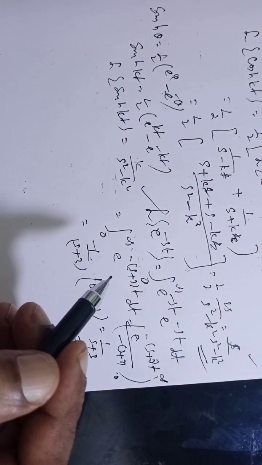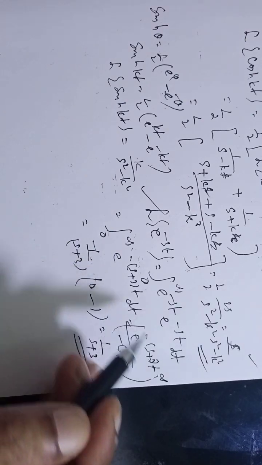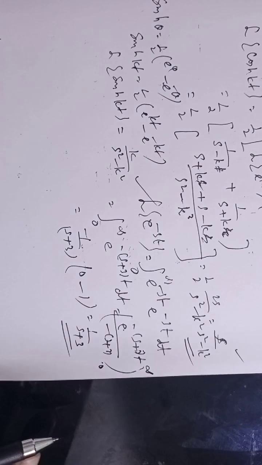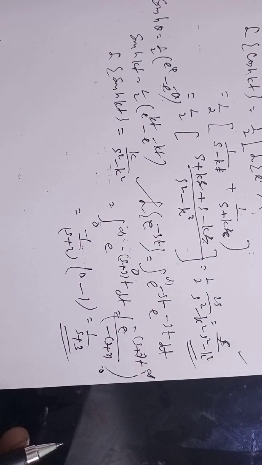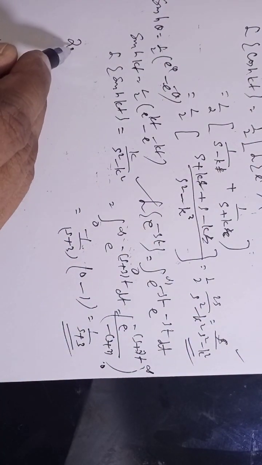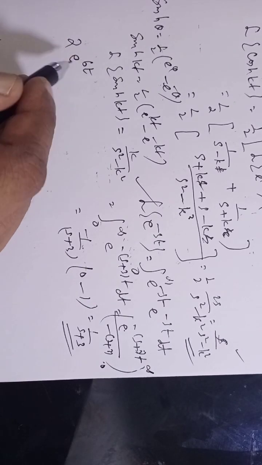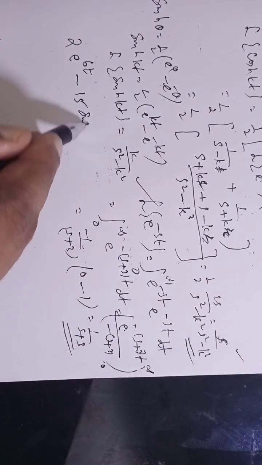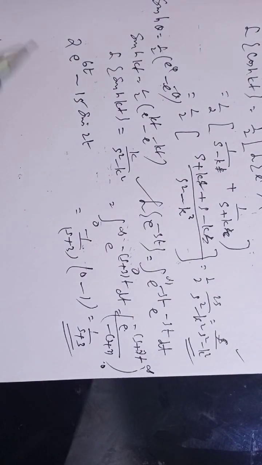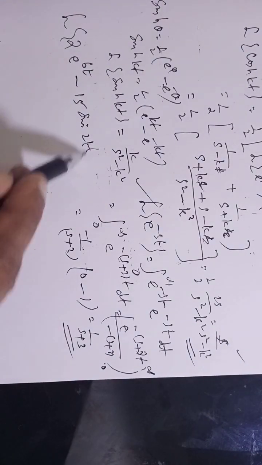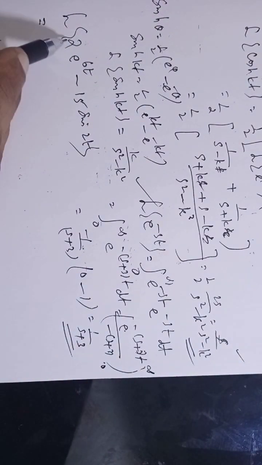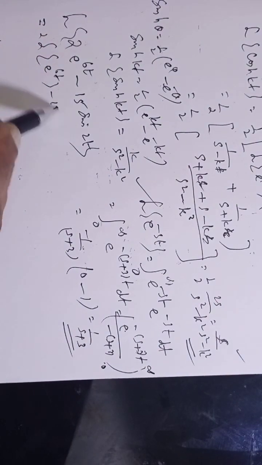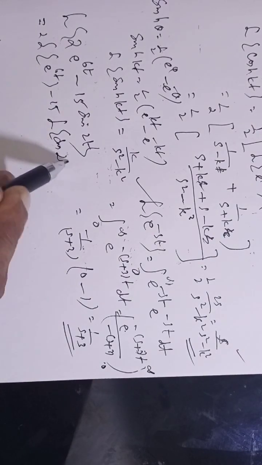So this is the method to find the Laplace transform of e raised to minus 3t. If the question is to find the Laplace transform of 2 e raised to 6t minus 15 sin 2t, you can use the linearity property: 2 into L of e raised to 6t minus 15 into L of sin 2t.